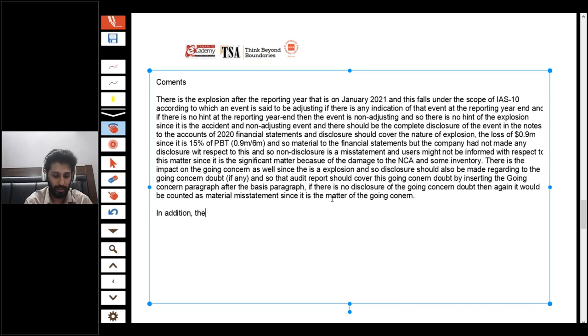In addition, the insurance company had been contacted. Right? And since there is no response from the insurance company, it is hard to believe whether the insurance company will settle on the amount. All right. In addition, the insurance company had been contacted, but there is no response from them.